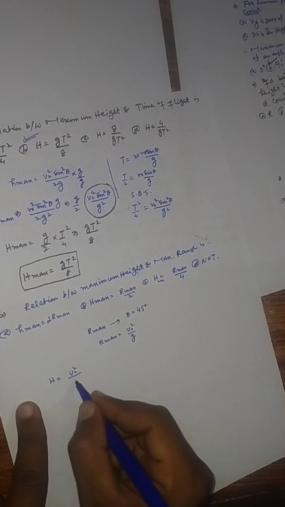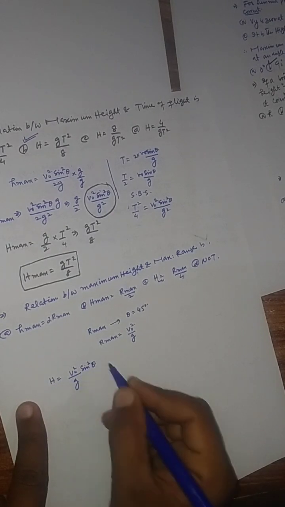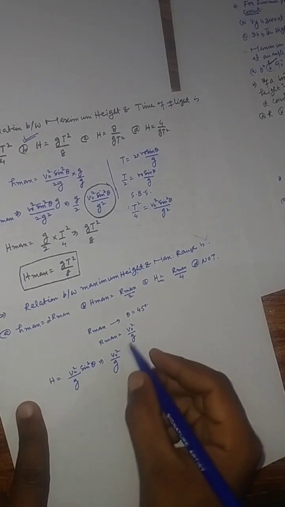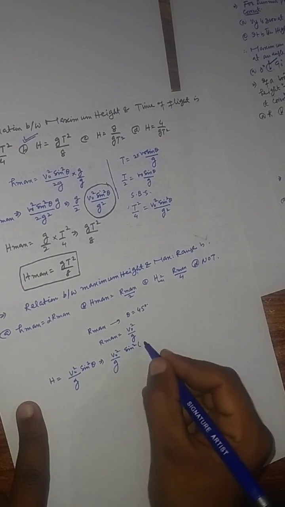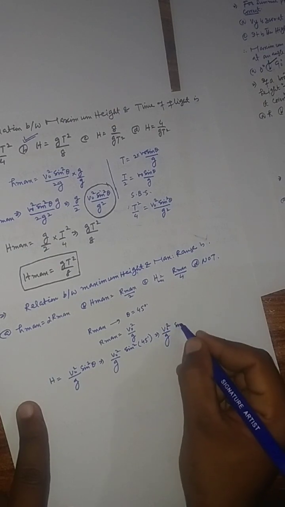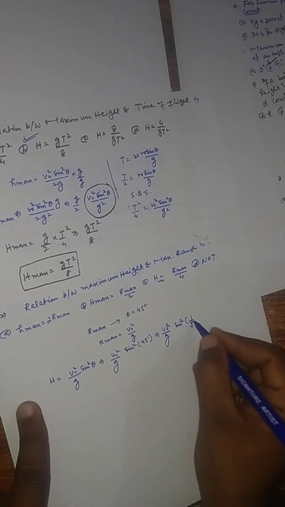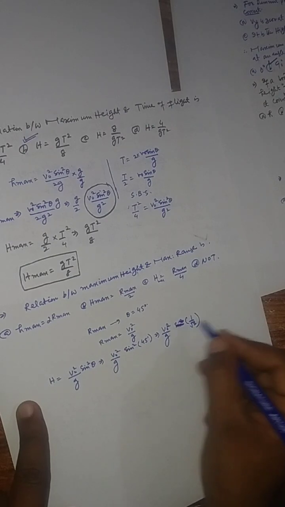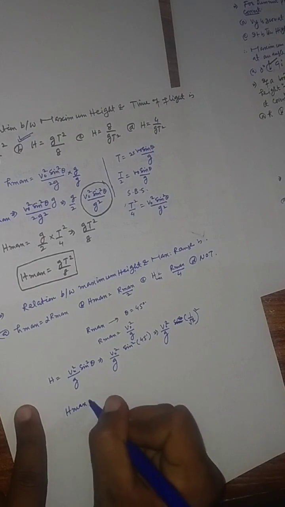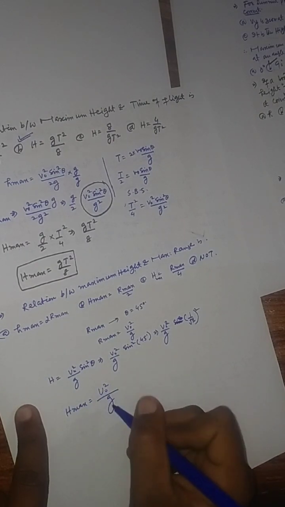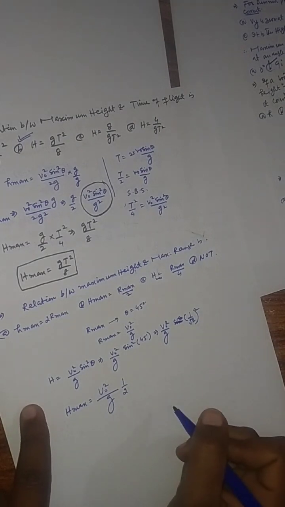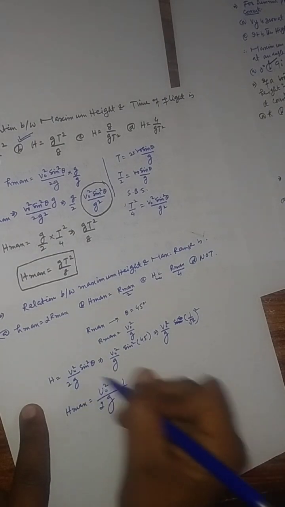If we take the angle 45, v naught squared over g times sine squared 45 degree, this will be sine squared of 1 over root 2 whole squared, so 1 over 2. Okay, sorry, this is 2g.